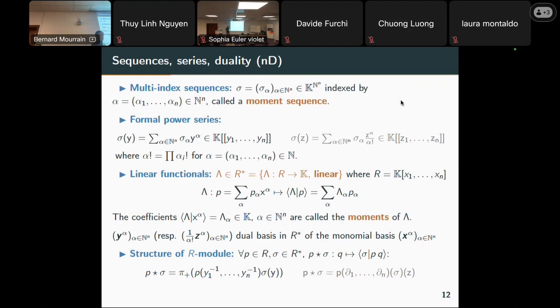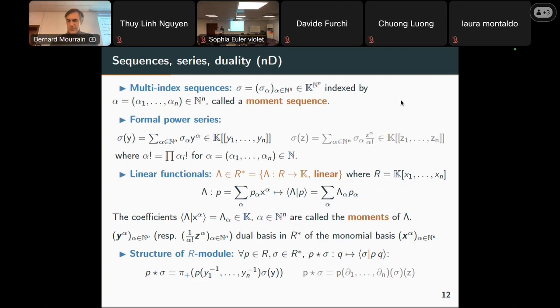The question is, how do you define a moment sequence? An element in K^(N^n). Ah, okay, so a sequence of values indexed by multi-index. And so we see it as a formal series or a linear functional, the same object. Linear functionals defined on the polynomials. Now we don't restrict the degree, we take all the polynomials in n variables.